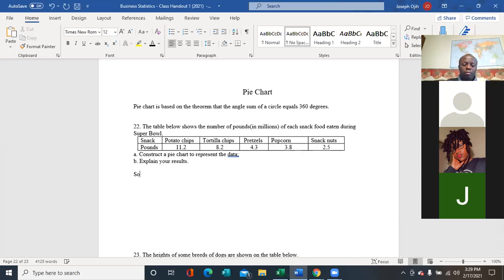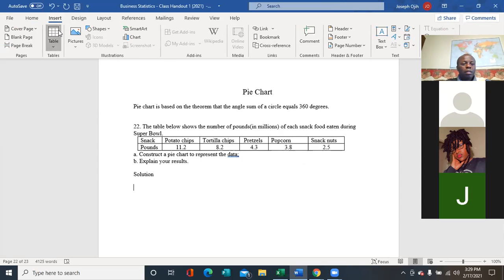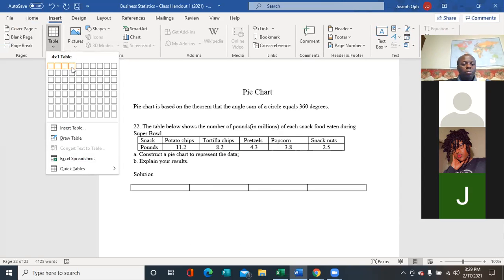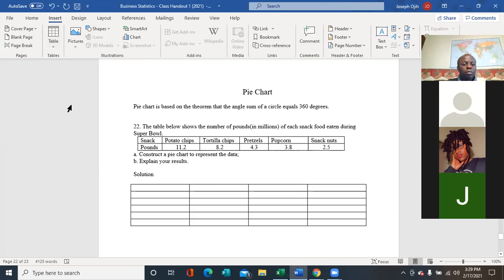Let's start. Let's do it. We need, let's say, 4 columns.